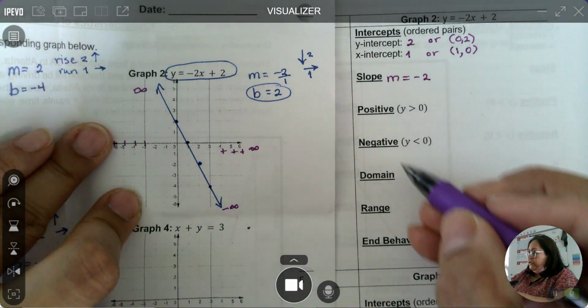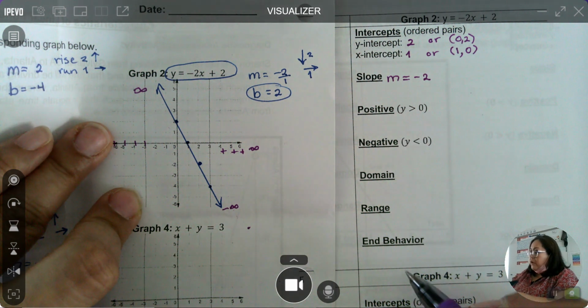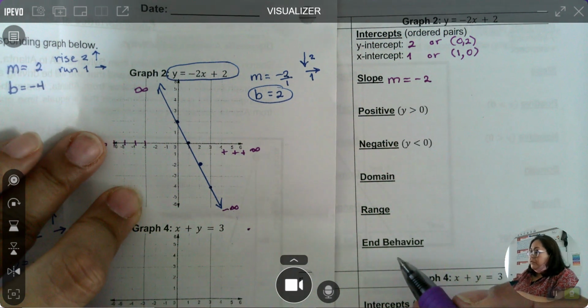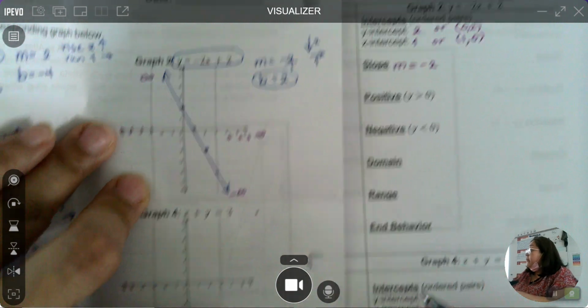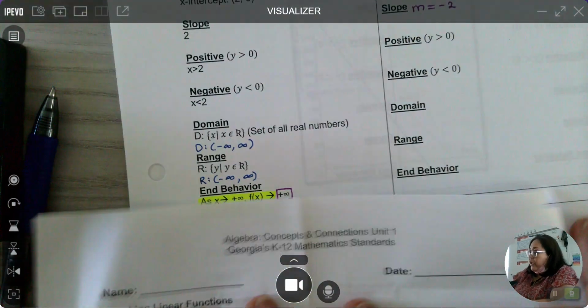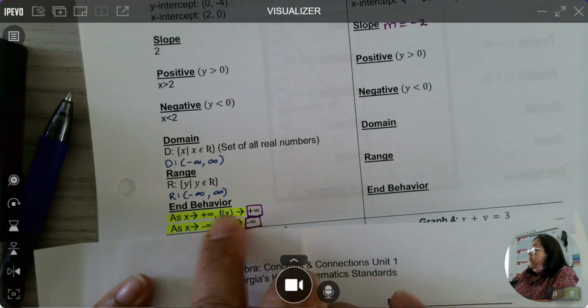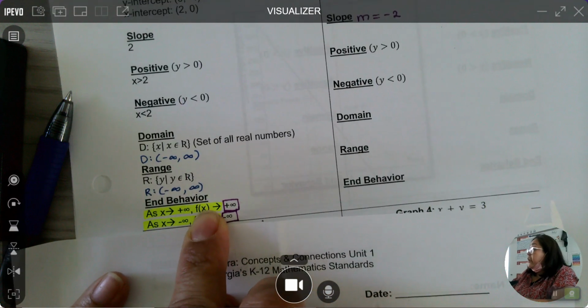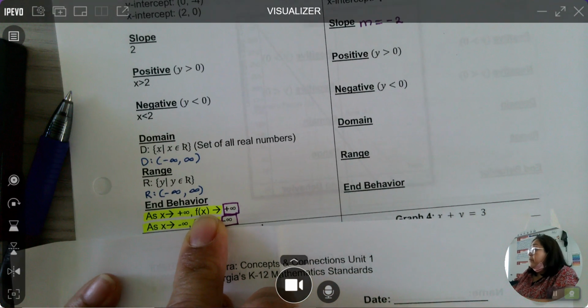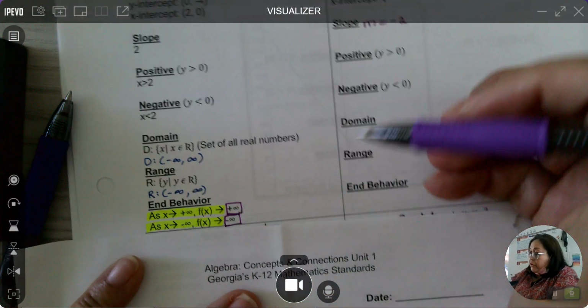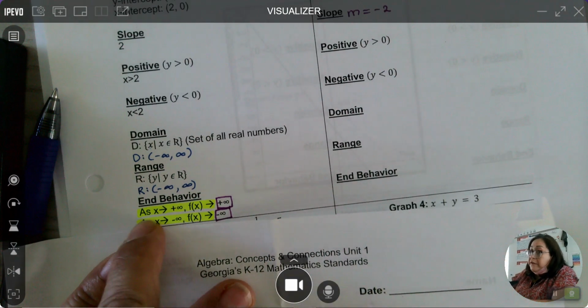Now, let's go to the stuff that we can do. Since we just did end behavior, let's write it down. Now, remember what I told you. Everything that's in yellow gets rewritten. You don't change nothing. Can we do that for me? All right, let's go. You don't need to copy me because it's right in front of you.